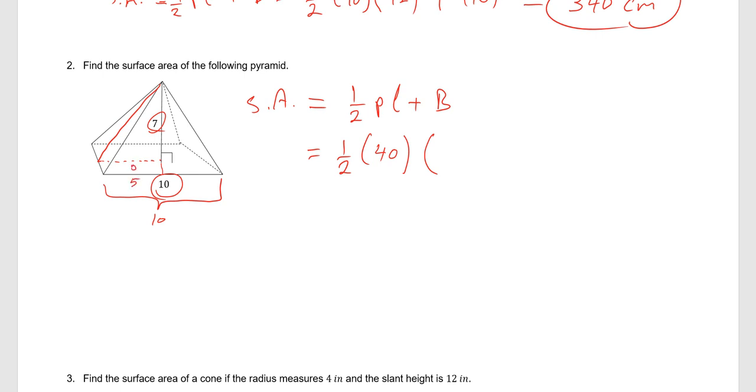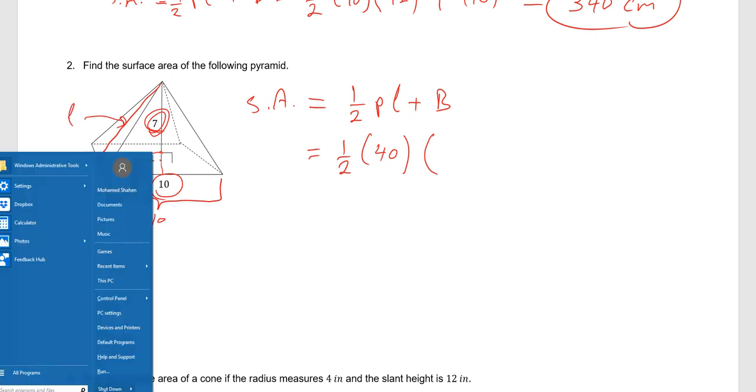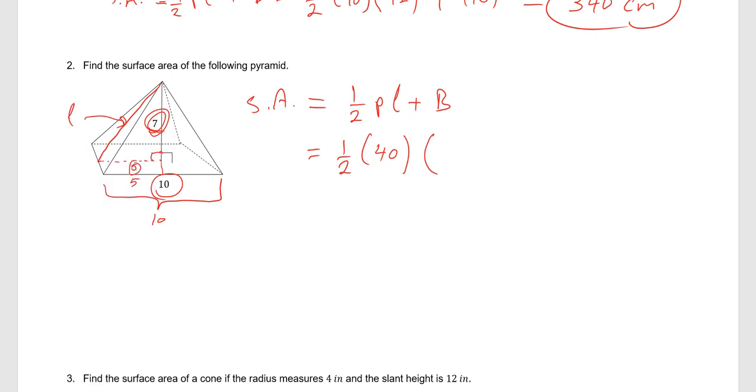So this is 5. So we have a right triangle with 5, 7, and then the slant height L, unknown. But then L is going to be equal to the square root of 5 squared plus 7 squared, right? From the Pythagorean theorem. So we're just going to put that here.